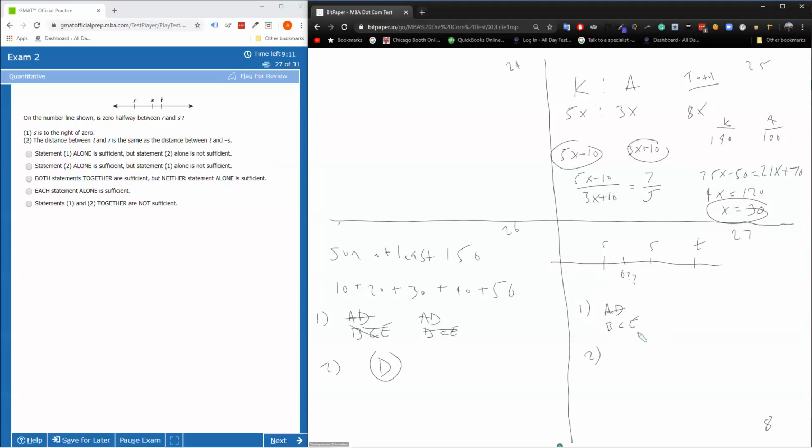The distance between T and R is the same as the distance between T and negative S. Ooh.